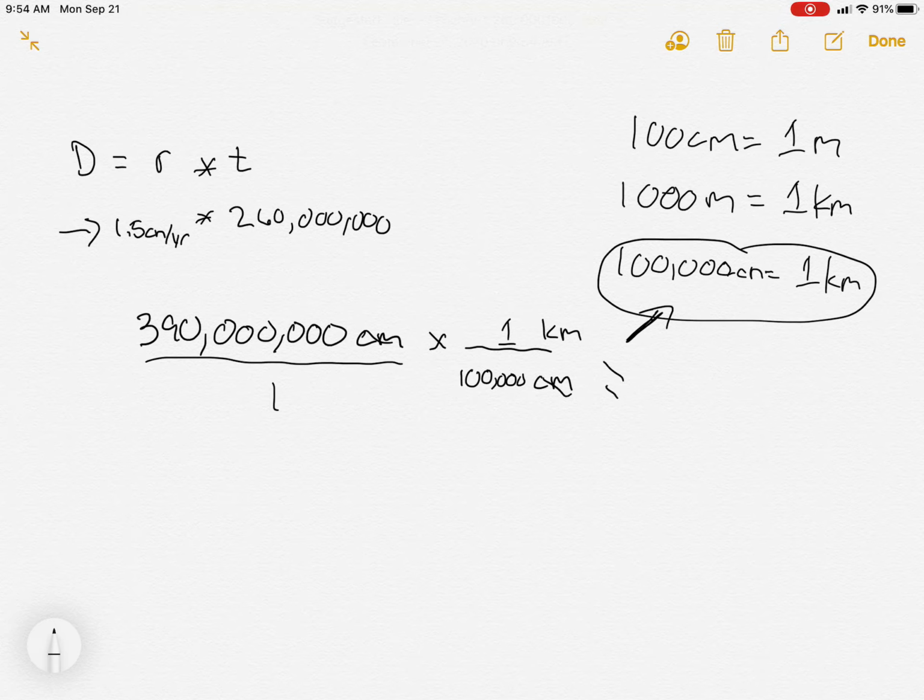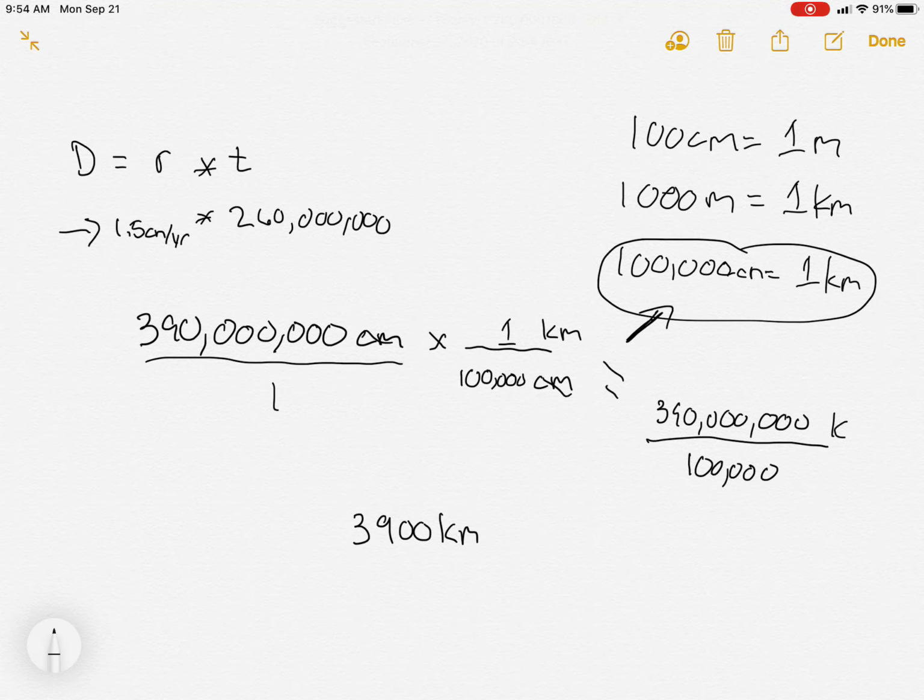I'm going to write that over here, sorry. 390 million. And I'm going to divide that by 100,000. And so basically you get a lot of zeros canceling. But if you do that, then you should get 3,900. And this is in kilometers, because remember, we're getting rid of our centimeters here, and we're ending up with kilometers. And so this is our answer for the distance.